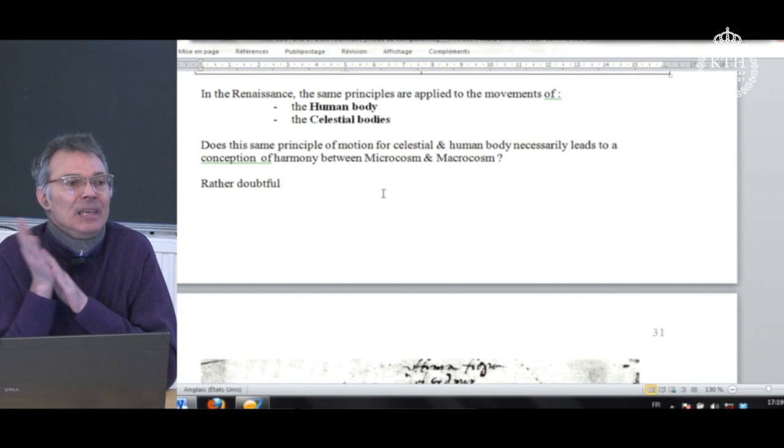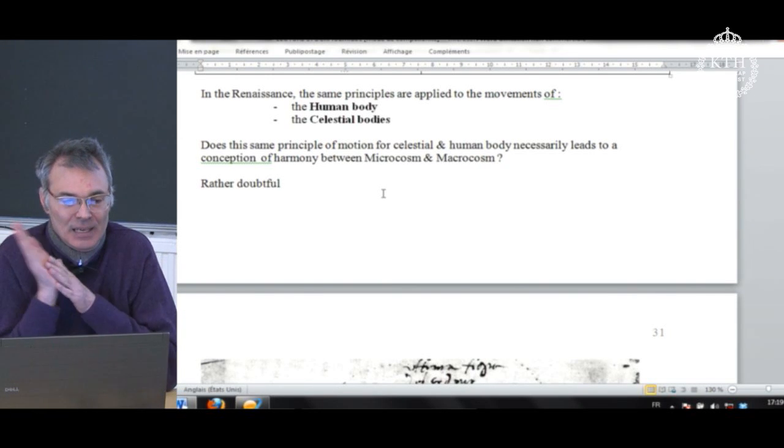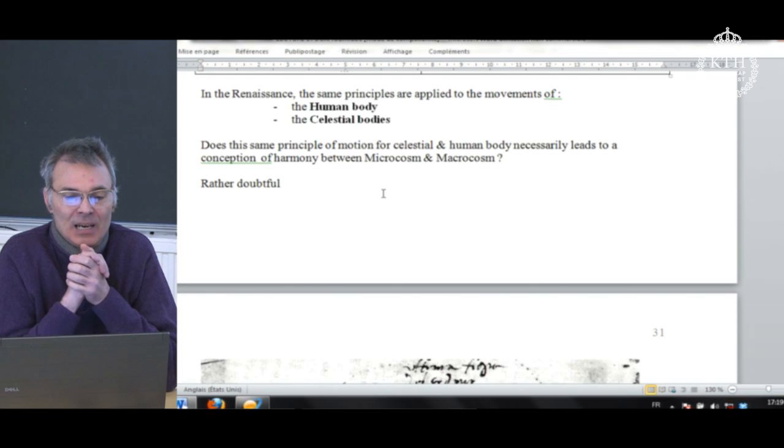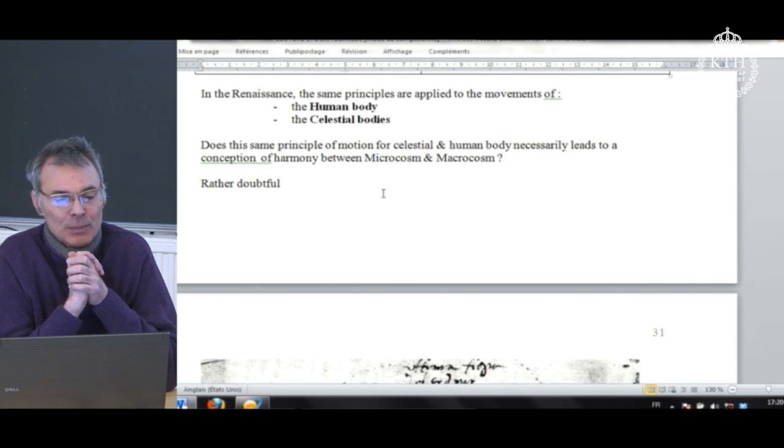So in the Renaissance, the same principles are applied to the movements of both the human body and the celestial bodies. Does this same principle of motion necessarily lead to a conception of harmony between the microcosm and the macrocosm?